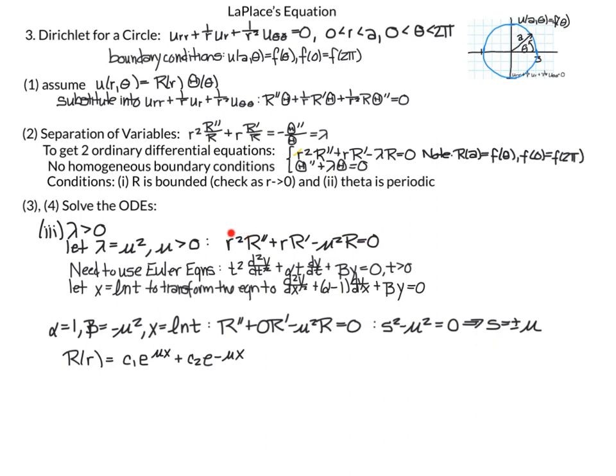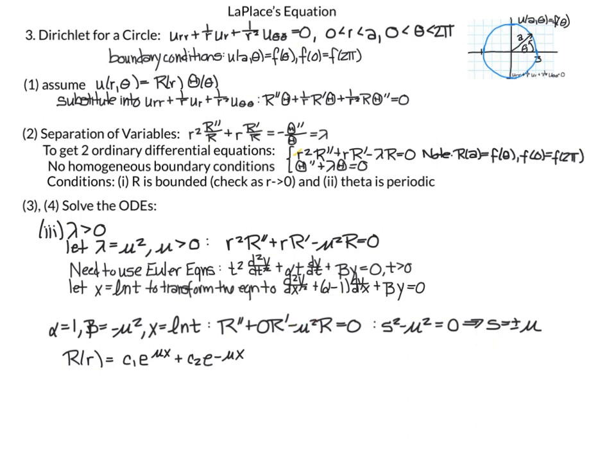Again, here because of our r squared, we need to use the Euler equations. And our alpha is equal to 1, our beta is equal to minus mu squared, x is equal to natural log of t. You plug this in and we get r double prime plus 0 r minus lambda squared r.